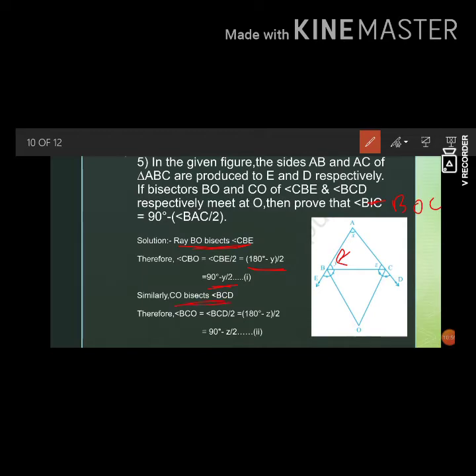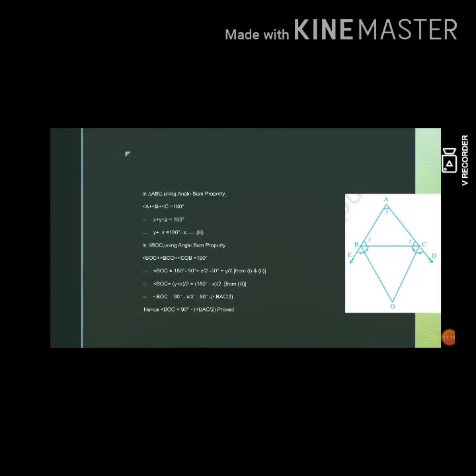So we can write BCO is equal to half of BCD. BCD is 180 minus z. So BCO will be (180 minus z) divided by 2, which is equal to 90 degrees minus z by 2. So these are our two equations that we have achieved till now.